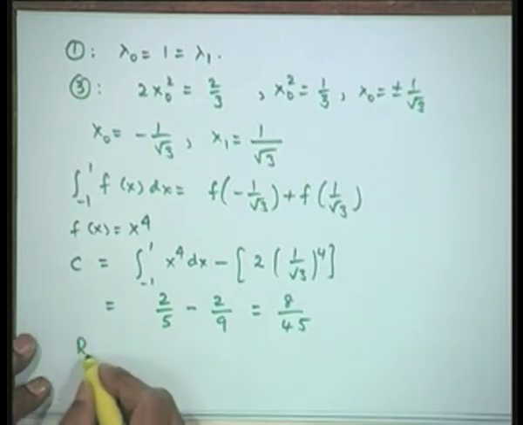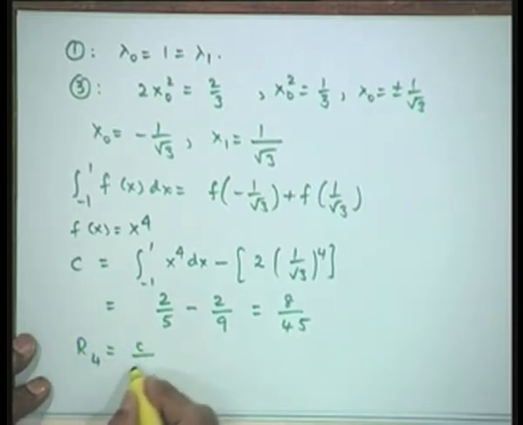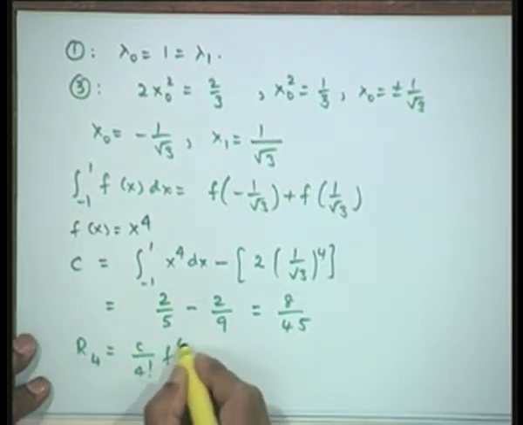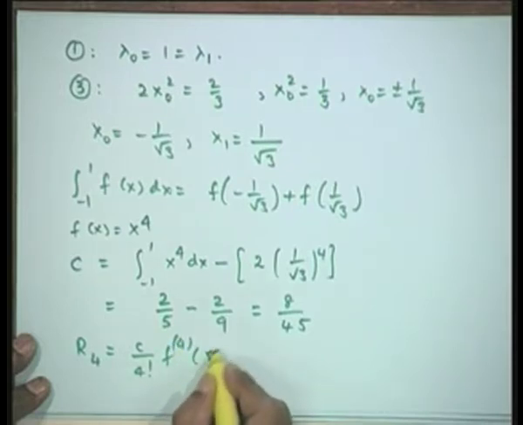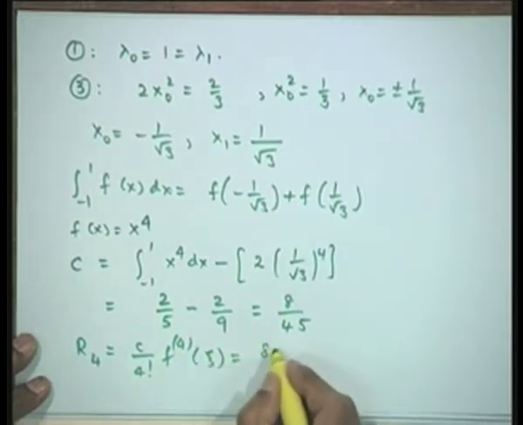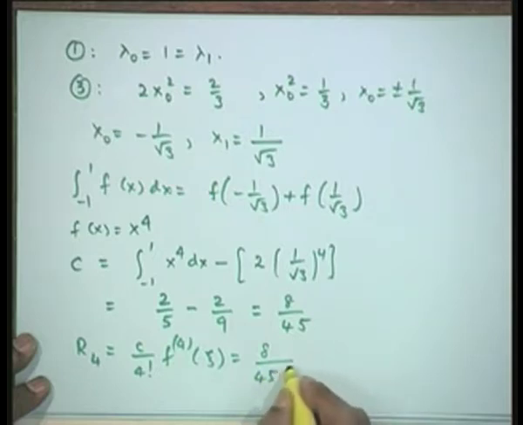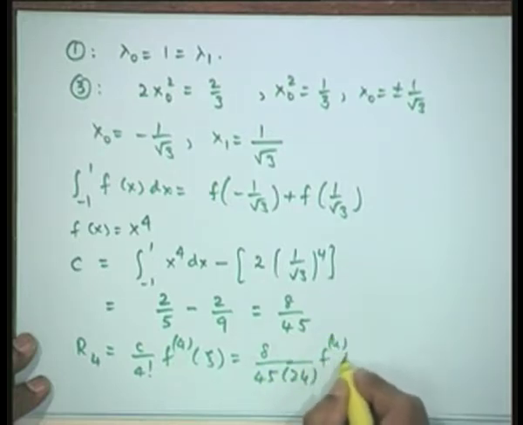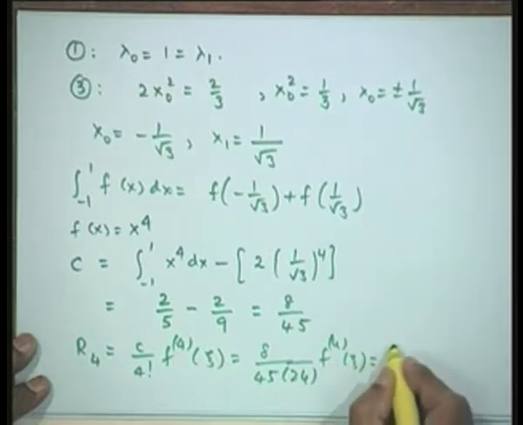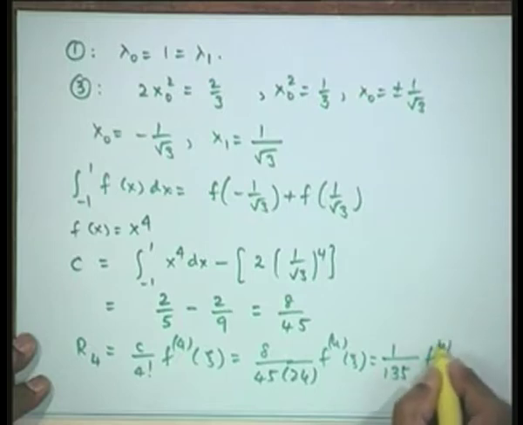Therefore, we have the error term R4 is c by factorial 4 times the fourth derivative at a point xi, that is 8 upon 45 into 24 f4 of xi, or 1 upon 135 f4 of xi, xi lying between minus 1 and 1.